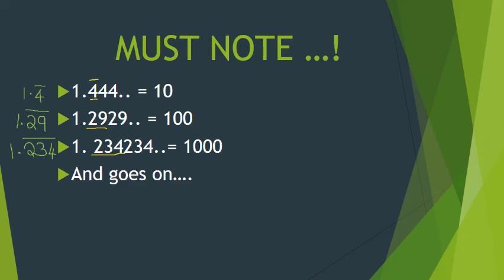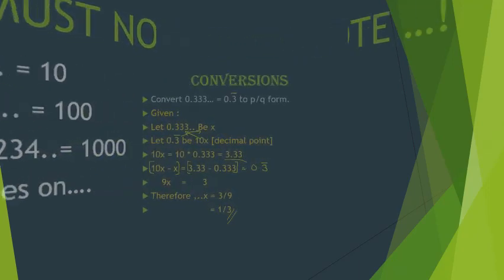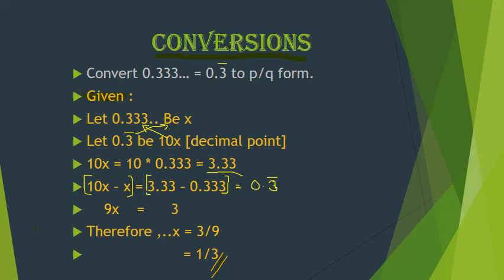Now let us go on to the problems. Moving on to the conversions, we have the first question: convert 0.333 dot dot, equals 0.3 bar, to p by q form. If we analyze this question, we have two values: the first is 0.333 and the other is 0.3 bar.